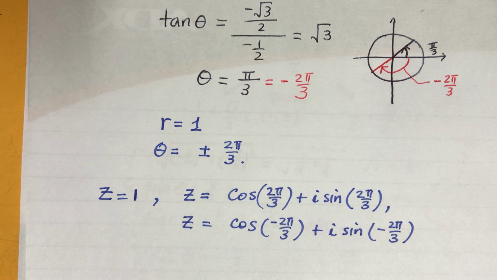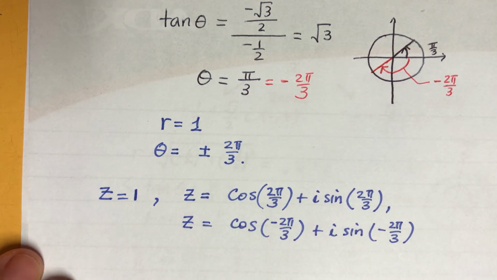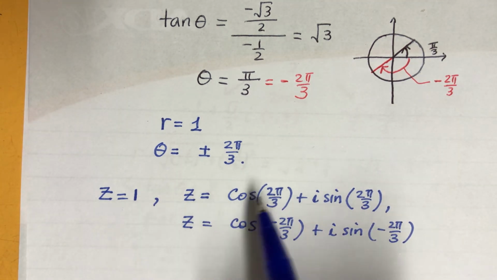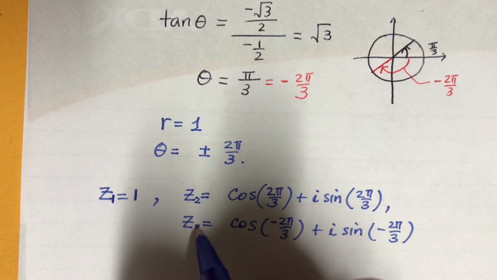Now I'm going to sketch this one. So I found the roots for z. Okay, so I've got 3 roots: 1, 2, 3.